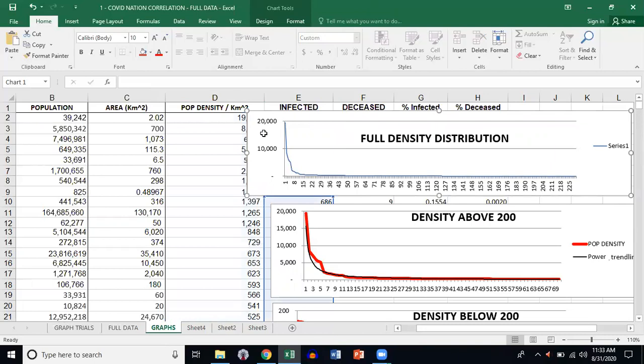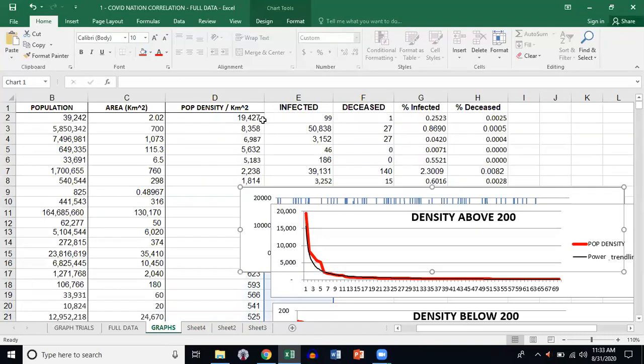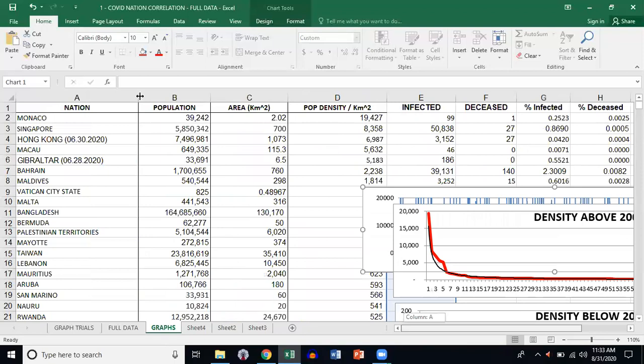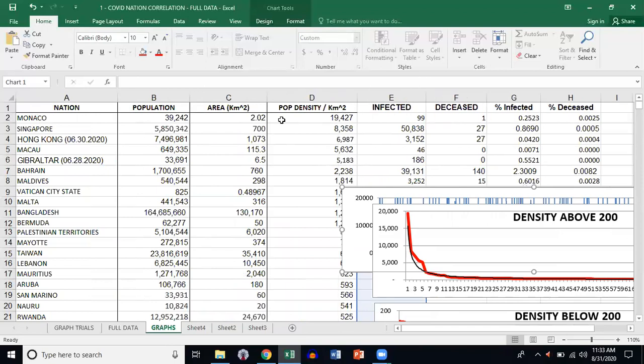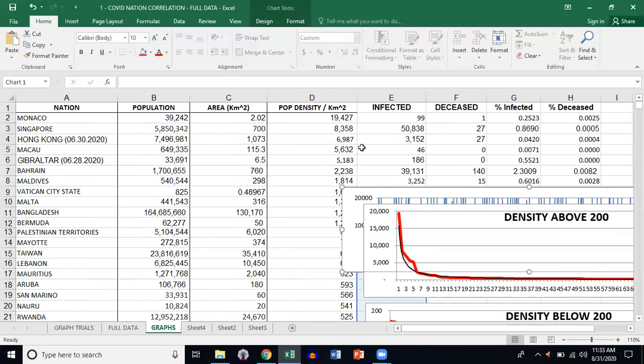You see how it's ranked. Here's the 19,000 that we talked about, Monaco. If we move the bar over a little bit, so we show the nations and close in a little bit. See Monaco, 19,000, etc.